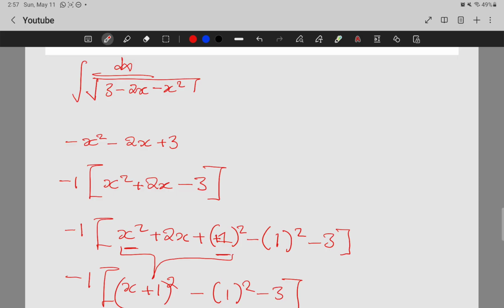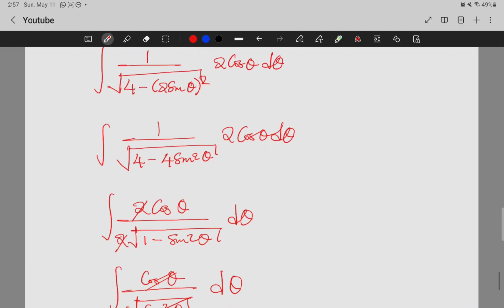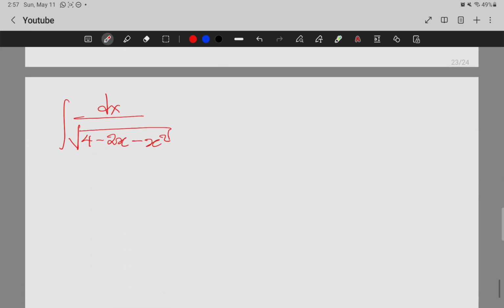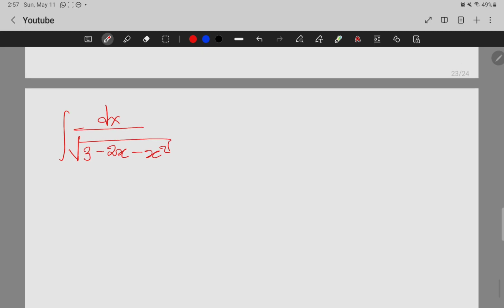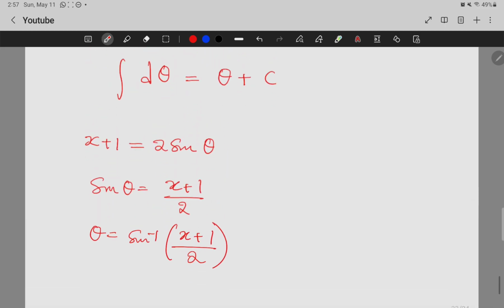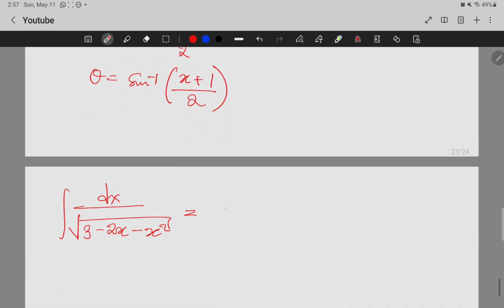Yes, 3 minus 2x minus x squared. 3 minus 2x, not 4. So this integral has reduced to theta plus c, but we've just seen that theta is sine inverse of x plus 1 over 2, then plus c. So this becomes our solution.